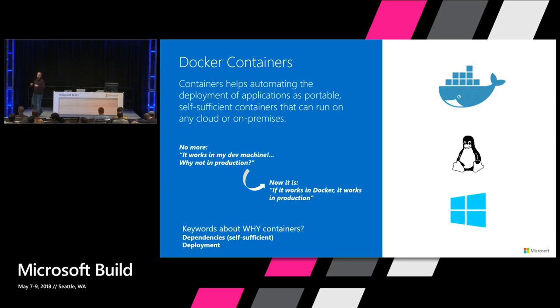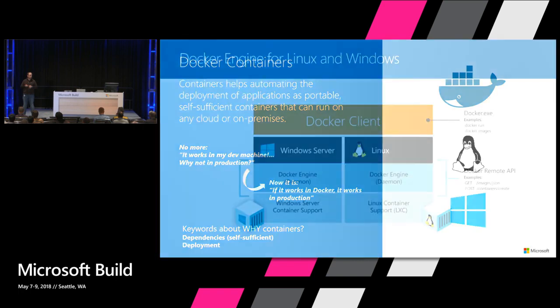With Docker, you solve that, because when you have an image that you deploy as a container, it comes with all the dependencies. So if it runs in Docker, it should run in production, at least anything related to the dependencies, okay? So the keywords are dependencies, it's self-sufficient, you have everything in that image, and then you get a lot of benefits in regards to deployments. So it's great for dev test and also for deploying to production.